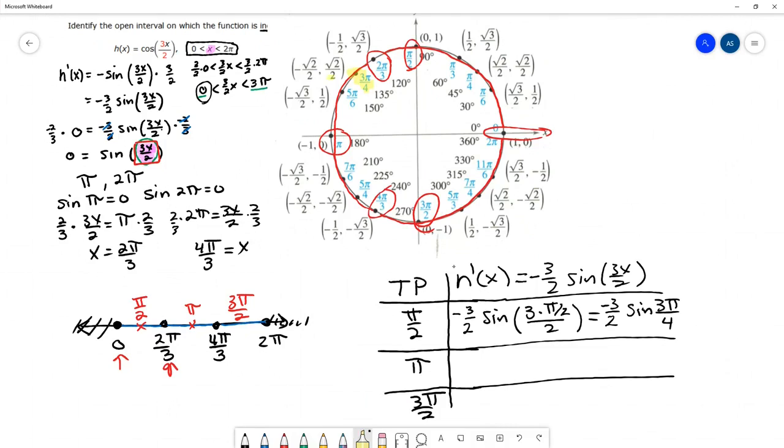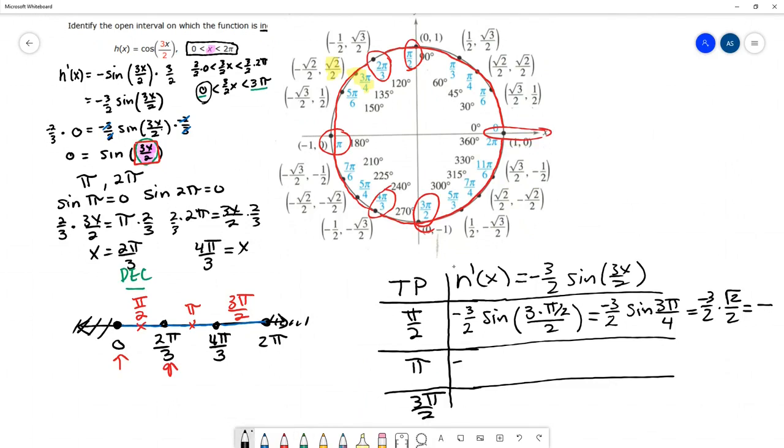Sine is the y-coordinate, square root of 2 over 2. So we've got a negative 3 over 2 times a positive square root of 2 over 2. This works out to be a negative number. So I know that on this interval from 0 to 2 pi over 3, the derivative is negative, which tells me the function is decreasing on that interval.